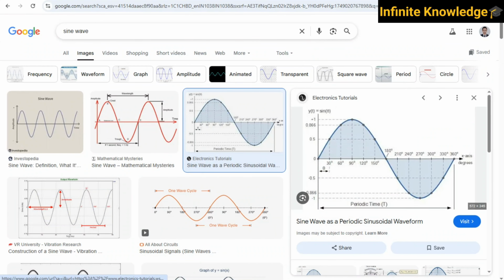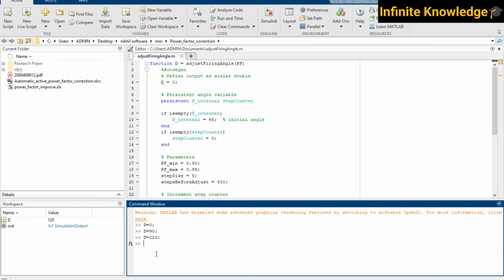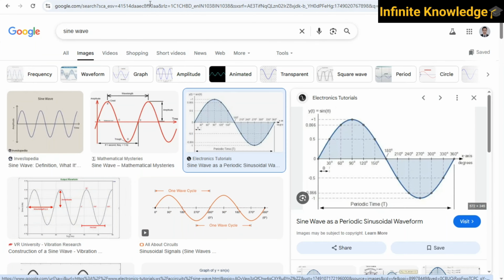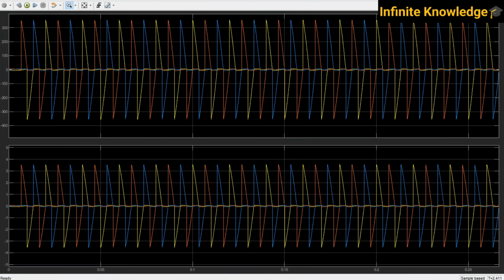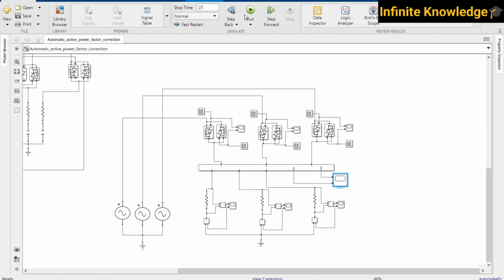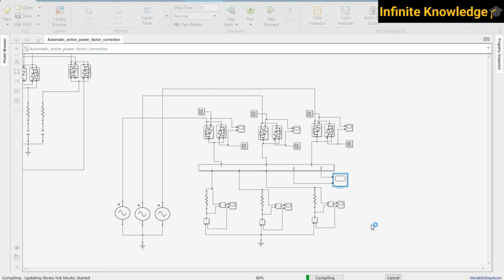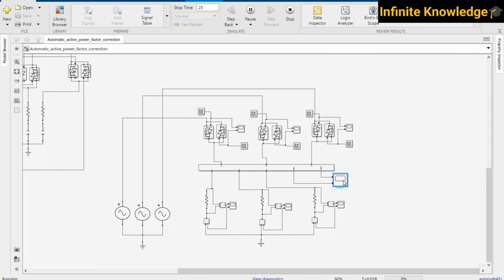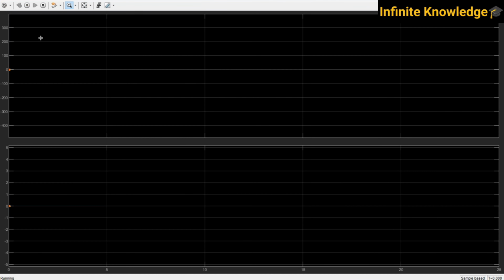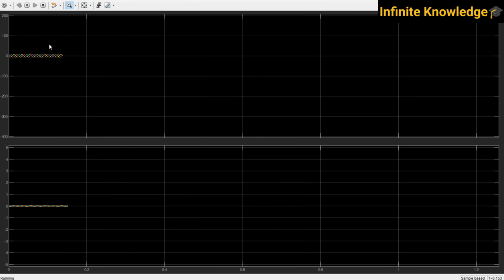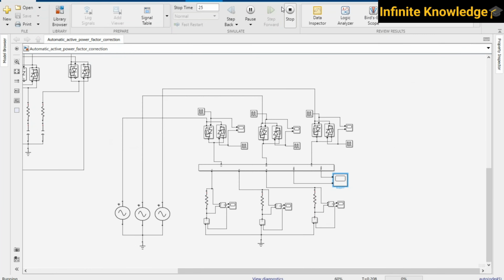If you further increase the delay, if I consider 180, what are we getting? I need to simulate it. I think we are getting 0 as output because we are firing at 0. So yes, you can see there is nothing we are getting over there.